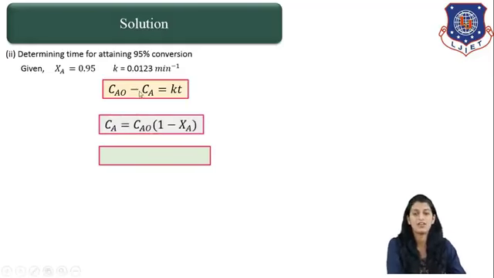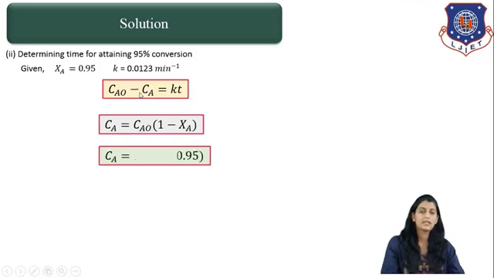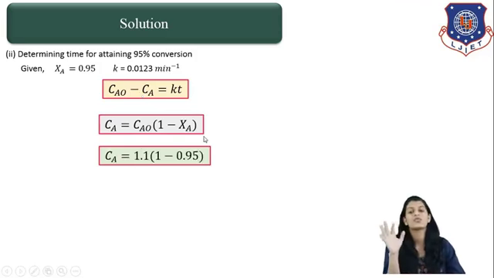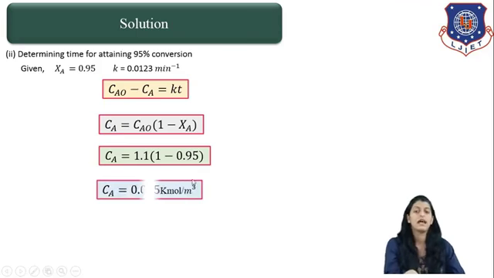So using the same formula of Ca0 minus Ca equals Kt, we will proceed, and now we will determine the value of Ca here. Again the only change in case number 1 and case number 2 is the value of Xa. Right? Here the value of Xa has been provided to us as 95%. So it will be 0.95. Correct? Now Ca is equal to 0.055 kilomole per meter cube.